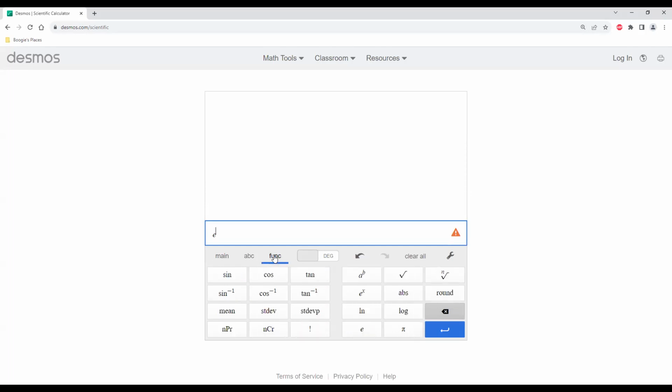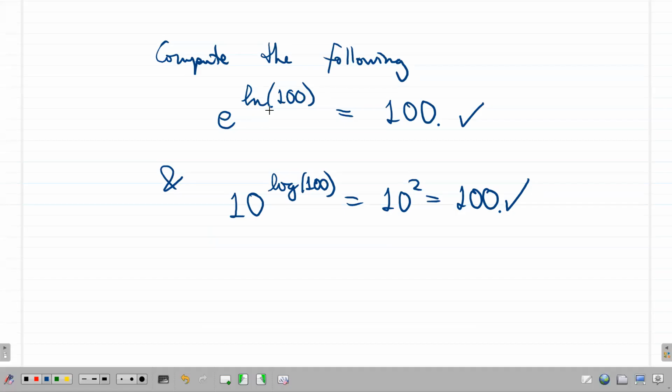It's probably over here somewhere, log of 100. What do we get? Well, according to our calculator, we get 7.389, blah, blah. That doesn't seem to agree with what I actually know to be true, that e to the log of 100 is 100.